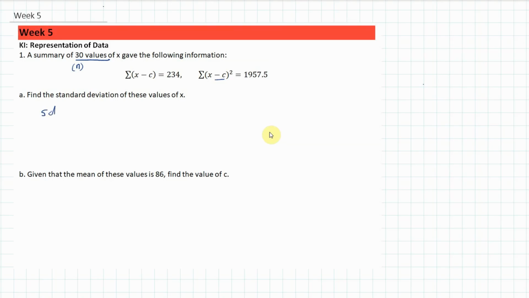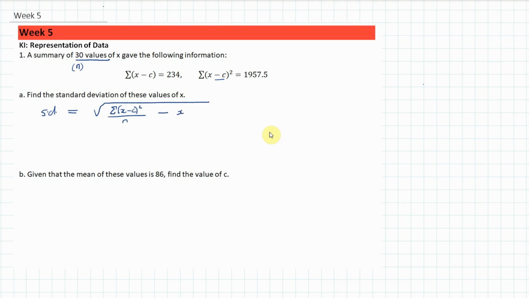So the standard deviation is equal to the square root of the sum of x minus c squared all over n, minus the mean.